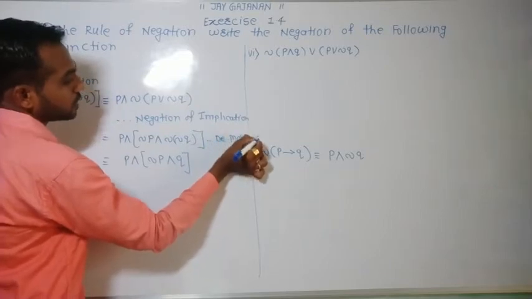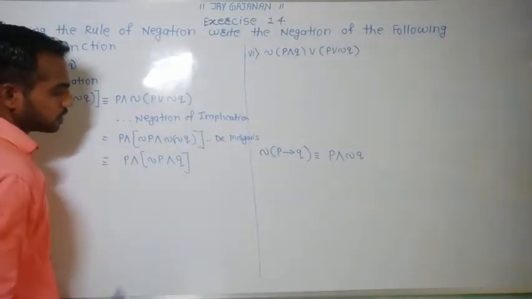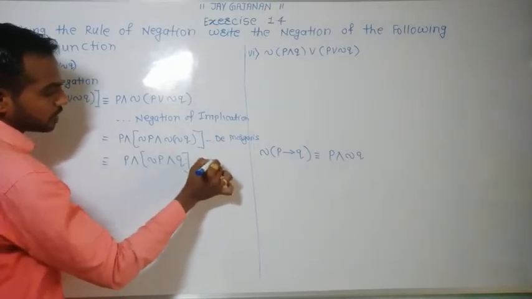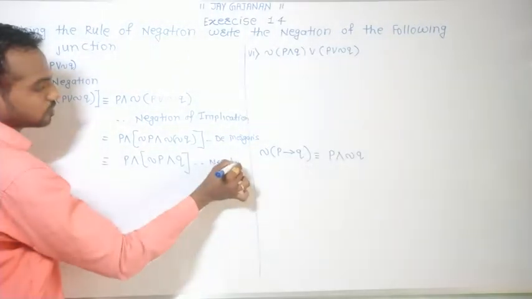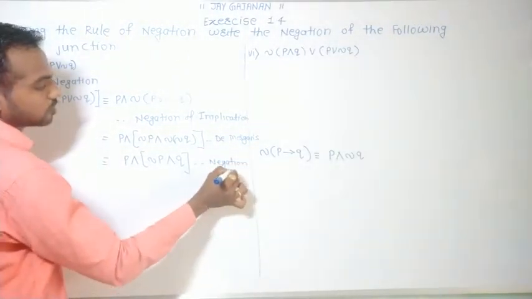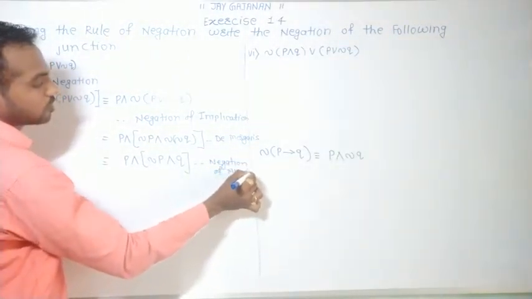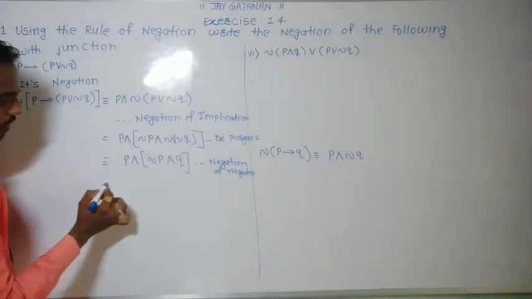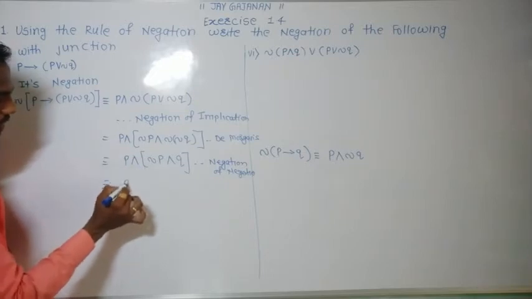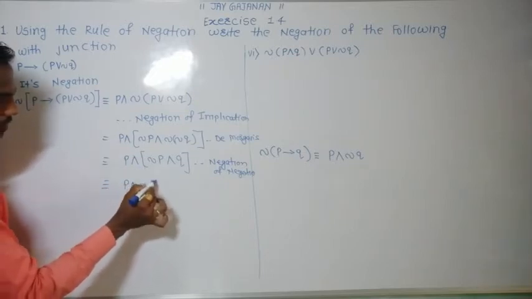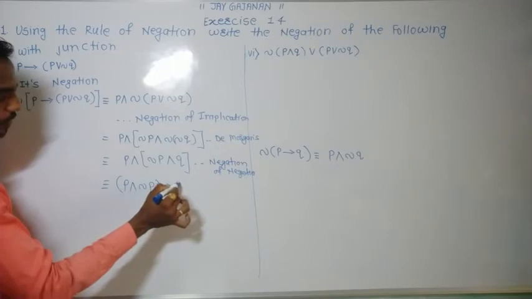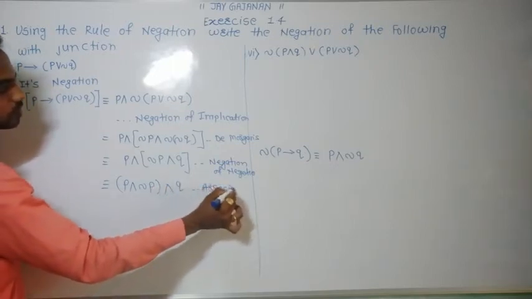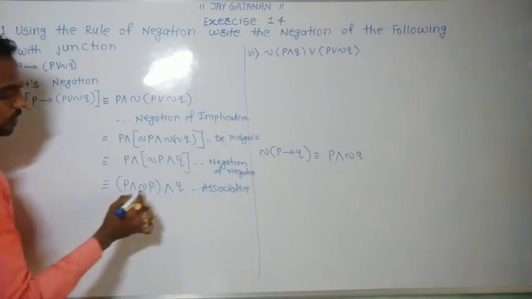Don't forget to write De Morgan's law and here negation of negation. Now we can apply the associative law, means P and negation P and Q by associative.